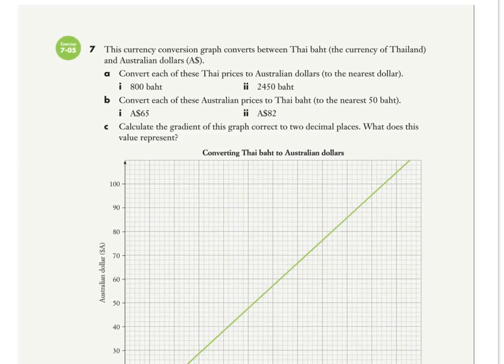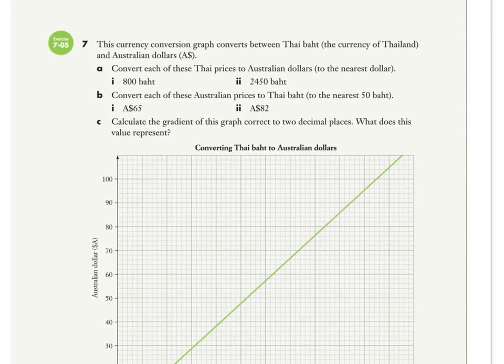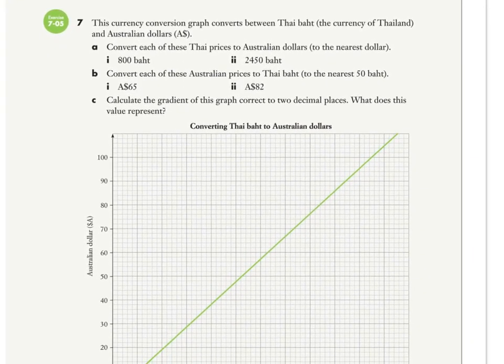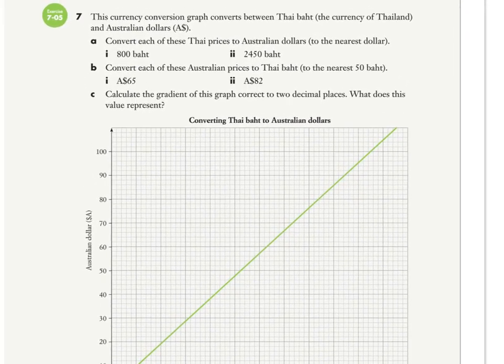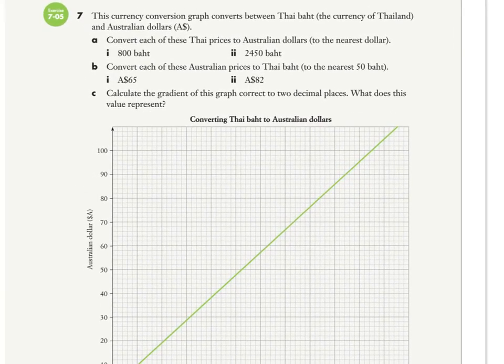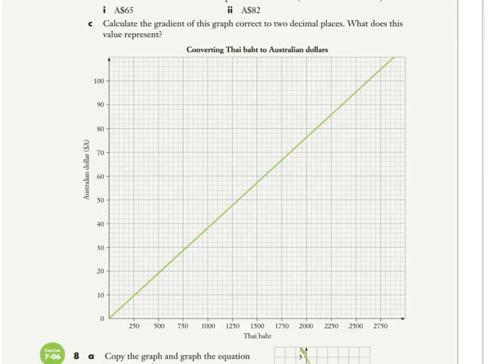Okay, this graph converts Thai baht to Australian dollars. So we need the graphs, just so remember, 800 baht. So first thing we need to do is, okay, if it's 250 to there, there's 5 things, 250 divided by 5, each goes up by 50.